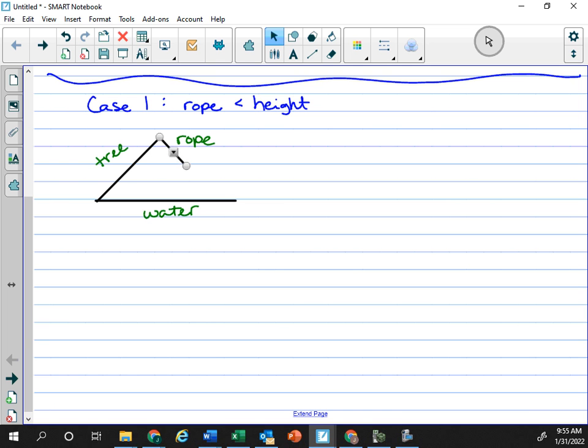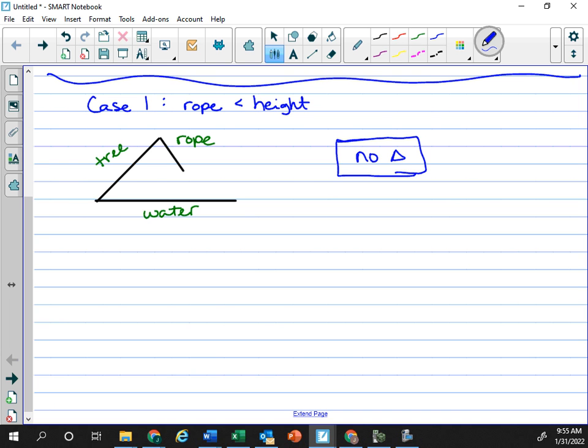No. So if you have one side of your triangle here, this rope side that's really short, in that case, you end up with no triangles, okay? Those will be your favorite problems to solve because you just say no triangle and then you are done.